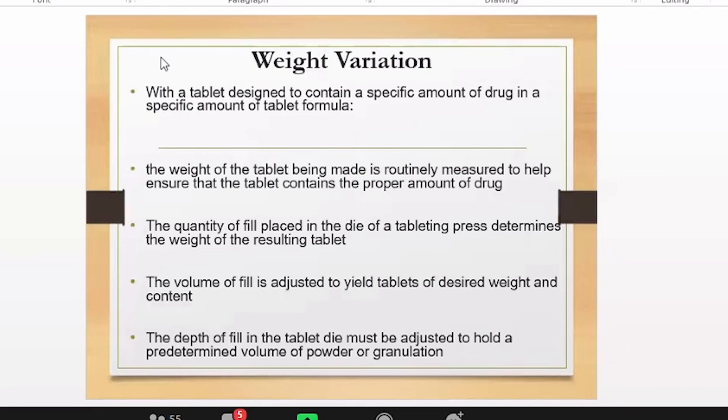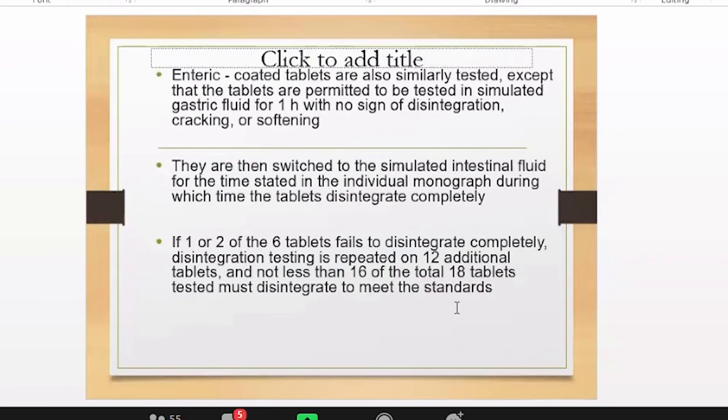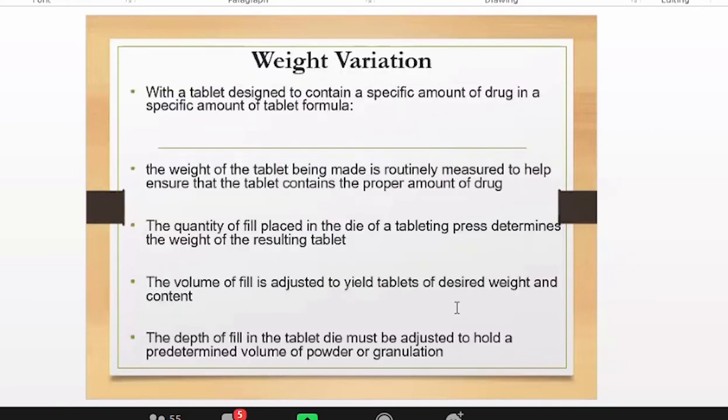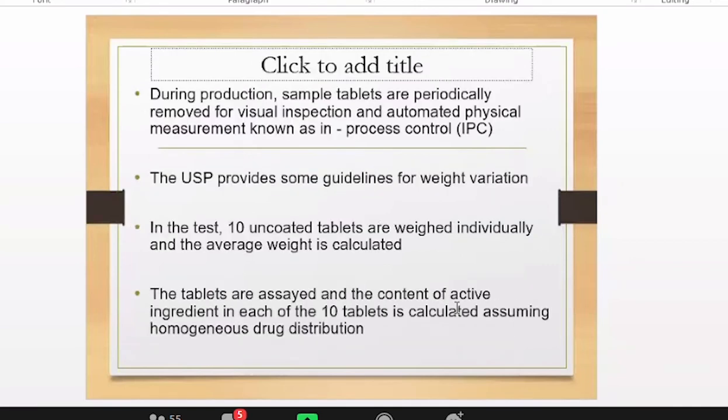The question is about the disintegration test on 6 tablets, and then you discover that the batch is not passing the test, then you need to redo the testing on 12 tablets.